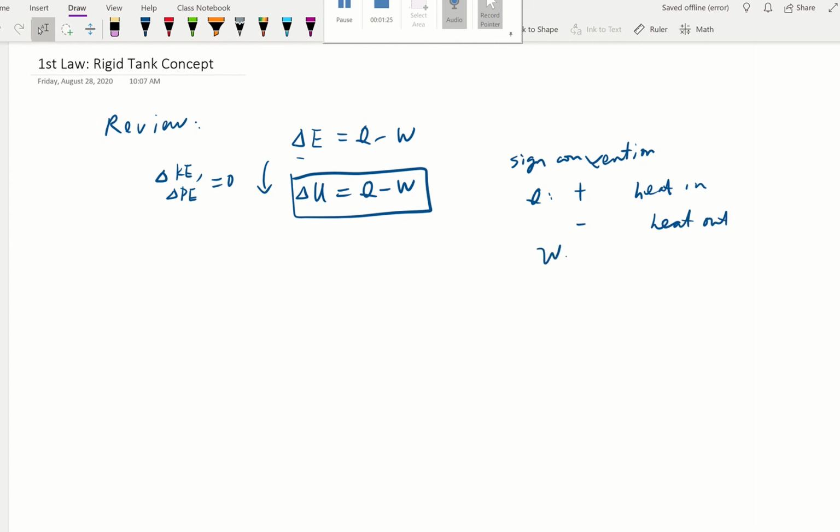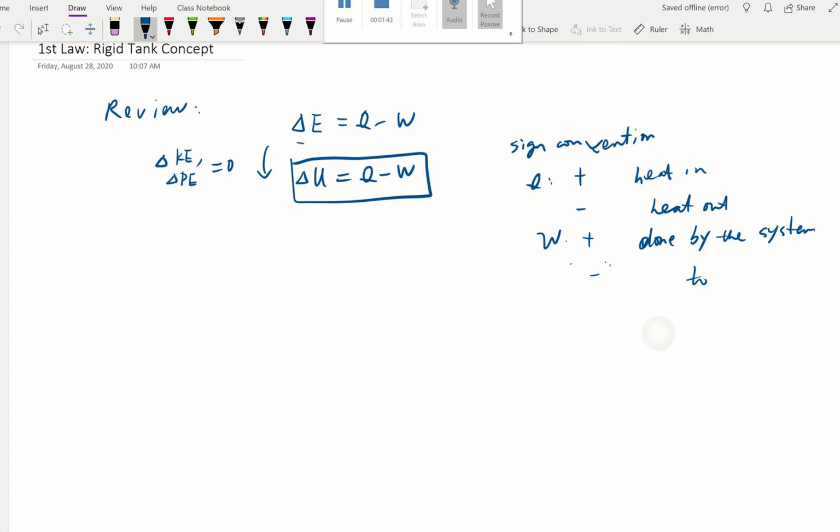In terms of work, if it's work done by the system, it's positive, and if it's work done to the system, it's negative. Those are the sign conventions we talked about before. Now let's look a little bit deeper. We have delta U equals Q minus W.